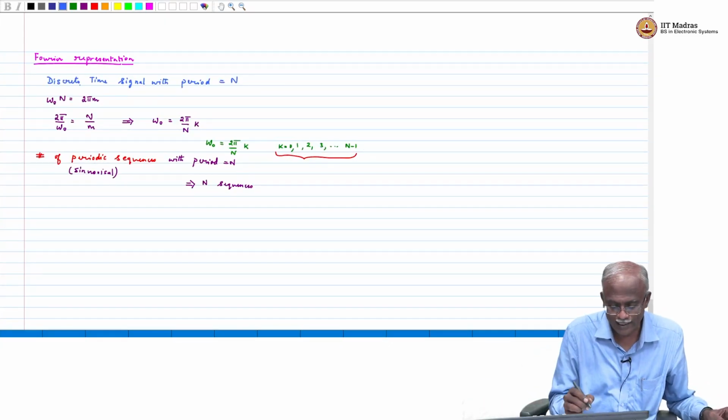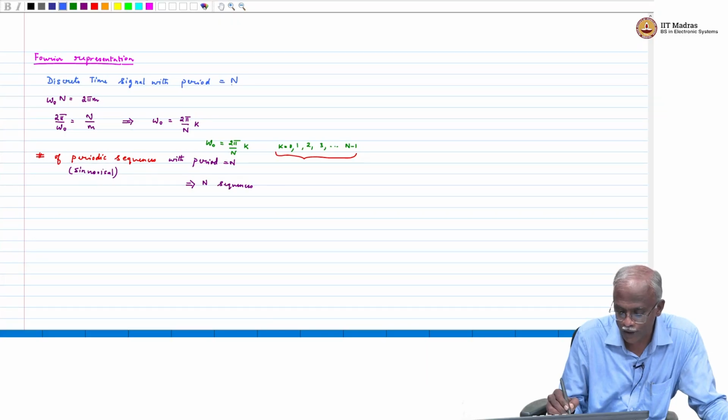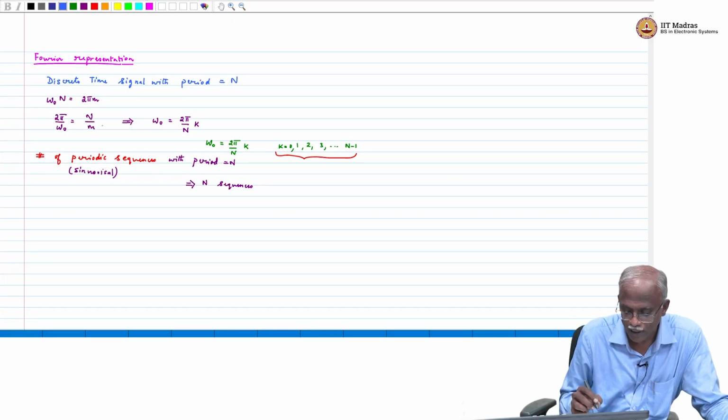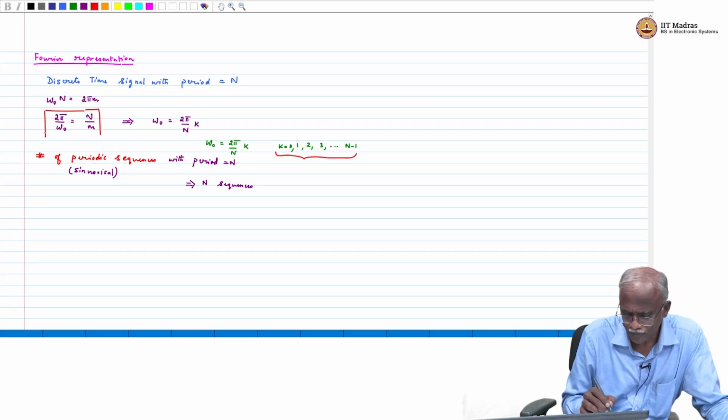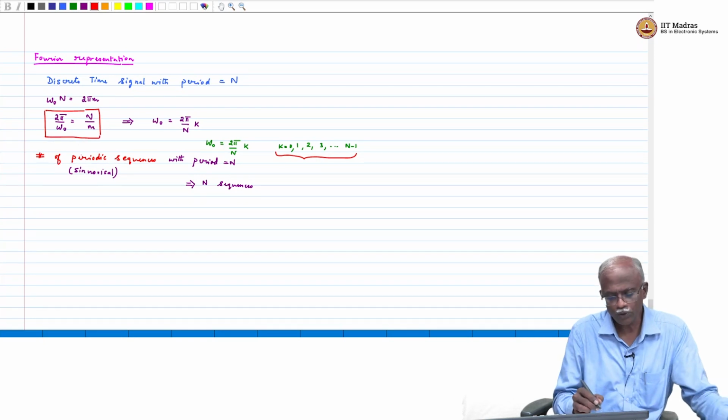So if you look at an example, if I want sinusoids with period equal to n, we said that it must satisfy this condition: 2 pi by omega naught must be equal to n.